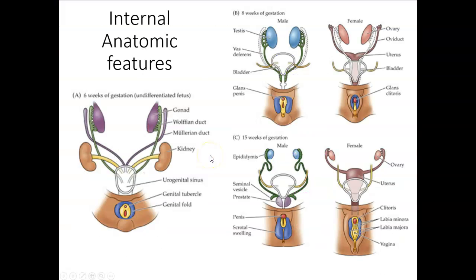Okay, so what's happening internally? At 6 weeks of gestation, so 6 weeks after fertilization, we have what we call an undifferentiated fetus. We're looking inside the abdominal cavity of that fetus. And there's what they call a genital fold and genital tubercle. So this is all undifferentiated genitalia there. But inside, we have our kidneys, right?